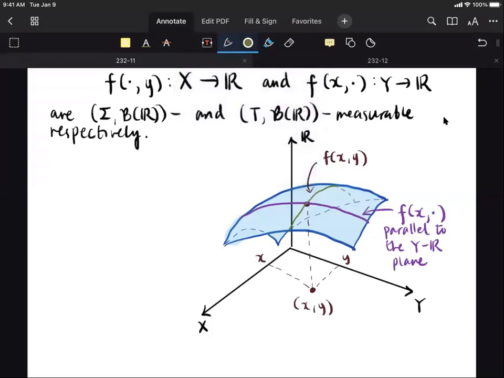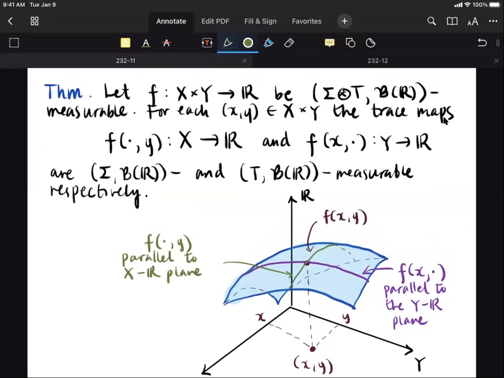On the other hand, for a fixed y, you have this trace colored in green. So now you have a function of x, and this would be parallel to the x r plane. So these are what we call the trace maps. Given a fixed argument, you can consider the function as a function of the other argument.